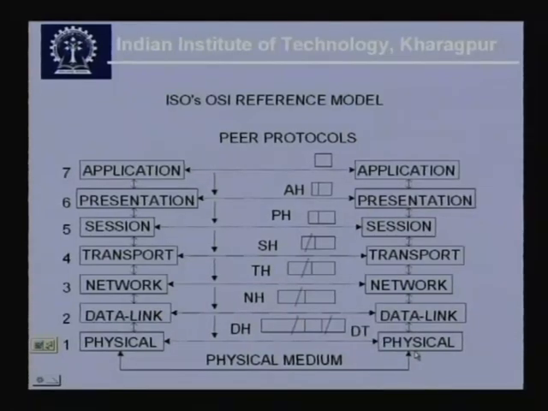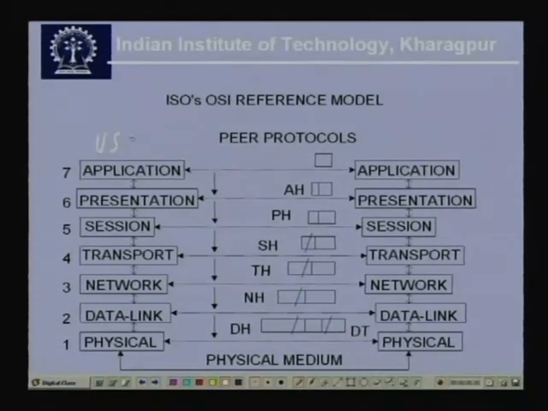So, here how the communication takes place is maintained. However, the communication takes place between two users, rather peer protocols. For example, here you have got user A and here is user B. Suppose they are sending email.